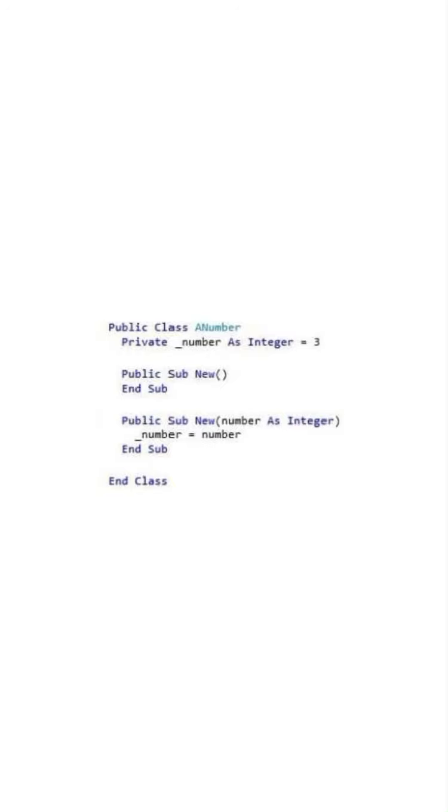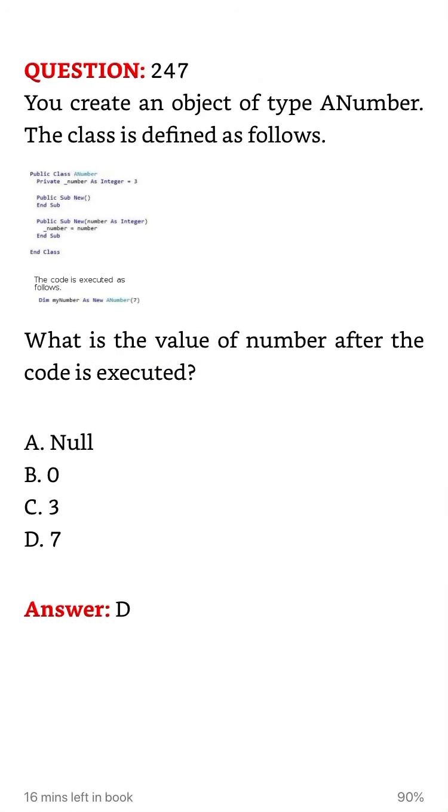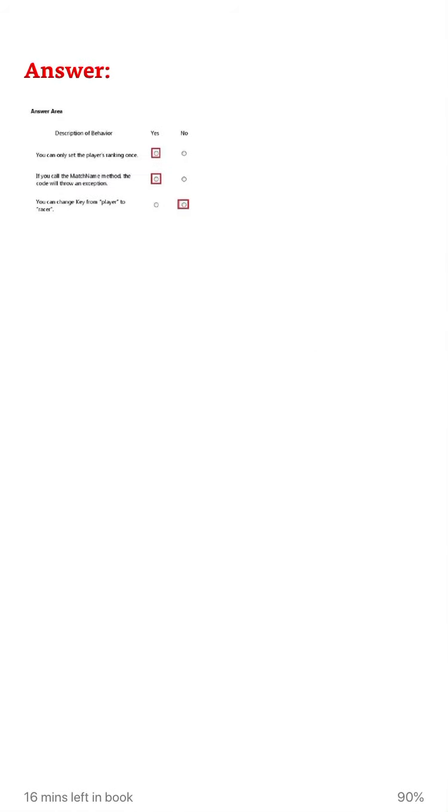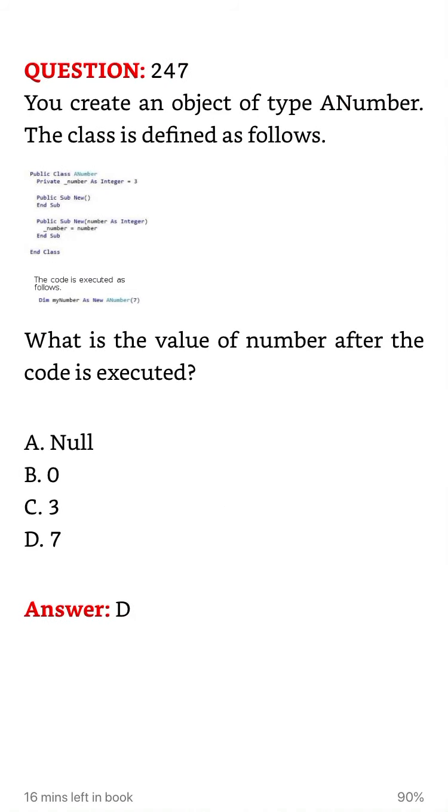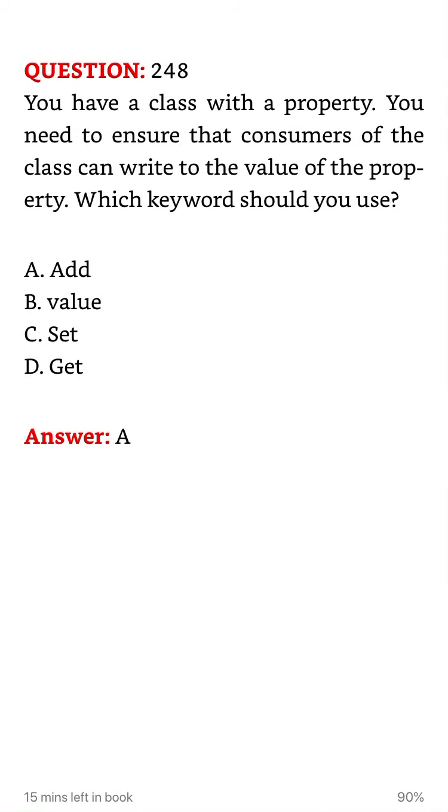So basically you have two constructors, a parameterless constructor and an integer constructor. And it looks like the code executed is a Number with a 7, and so that's the reason why the answer is 7.